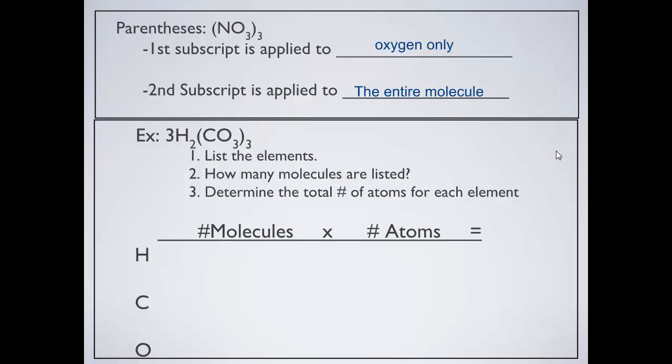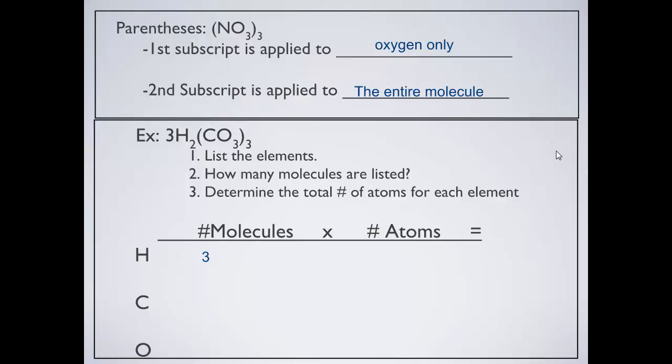So if we look at this 3 hydrogen carbonate. First we list the elements. We have hydrogen, carbon, oxygen. How many molecules of this compound are we talking about in this example, Alex? 3. And we're just looking at the coefficient.